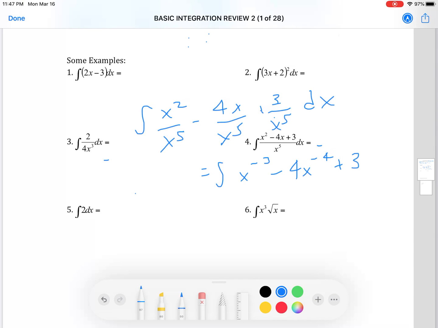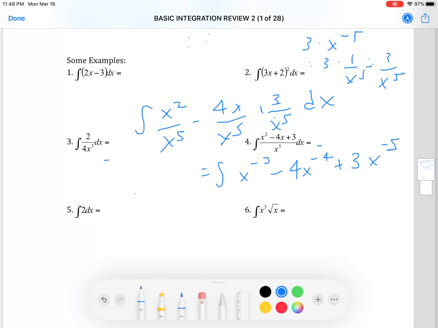plus 3. Remember, 3 is in the numerator, and then in the denominator is x to the 5th. So we take it out of the denominator and we call it 3x to the negative 5th. And this is because if I had 3 times x to the negative 5th, that's the same thing as saying 3 times 1 over x to the 5th, which is 3 over x to the 5th.